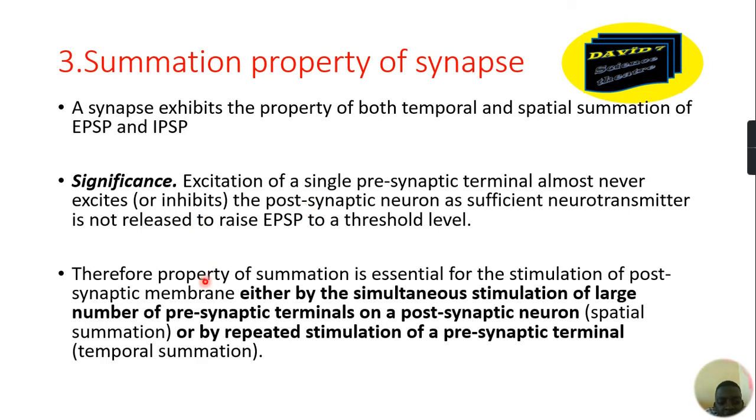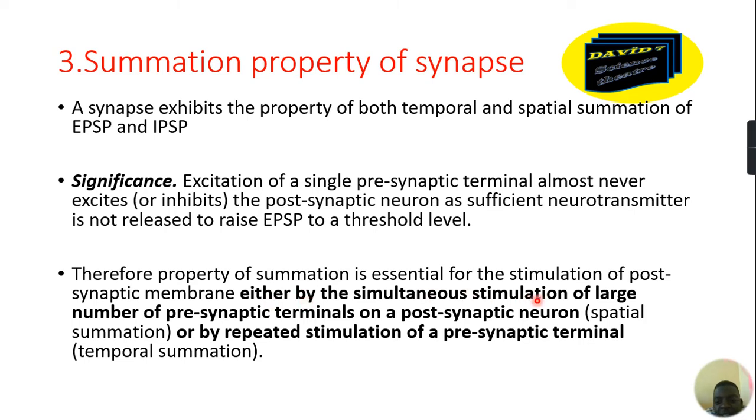Okay, therefore, the property of summation is essential for the stimulation of the postsynaptic membrane, either by the simultaneous stimulation of a large number of presynaptic terminals on a postsynaptic neuron, call it spatial summation, or by repeated stimulation of a presynaptic terminal, call it temporal summation. You get this?